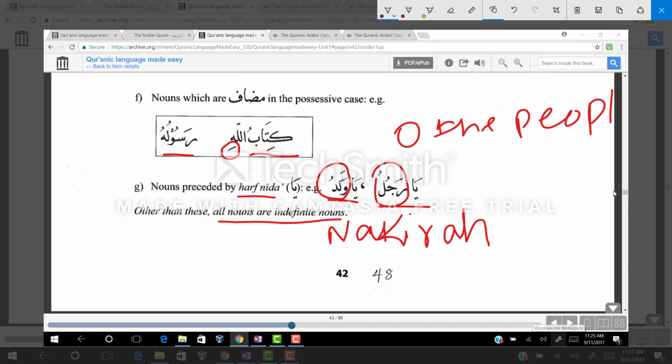You have to remember, this is very important, because when you remember the list of marifa nouns, it becomes easy for you to make a sentence, or you can make out, okay, this is a sentence because it is starting with the marifa nouns.